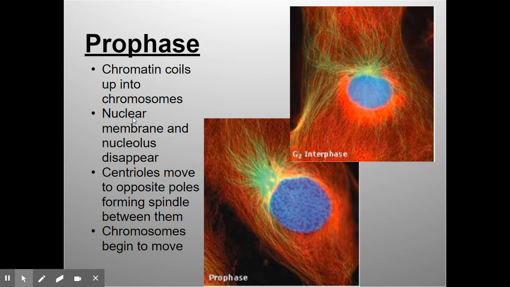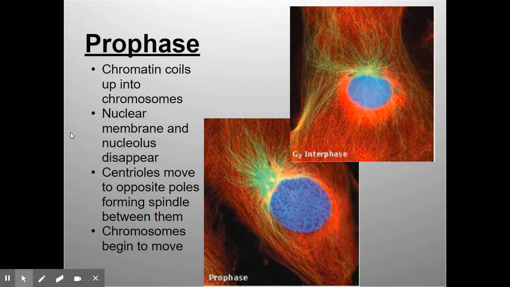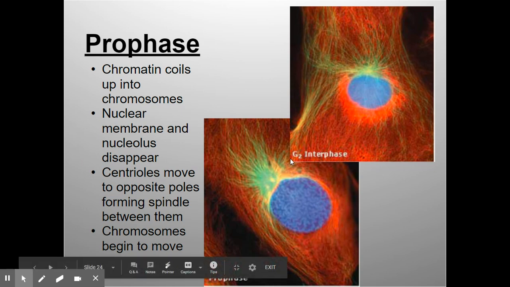Your nuclear membrane around your nucleus disappears. And then the centrioles in the cell move to opposite sides of the cell, forming spindle fibers. That's why the green thing is spidery. And then the chromosomes begin to move inside of what used to be the nuclear membrane, as it disappears.